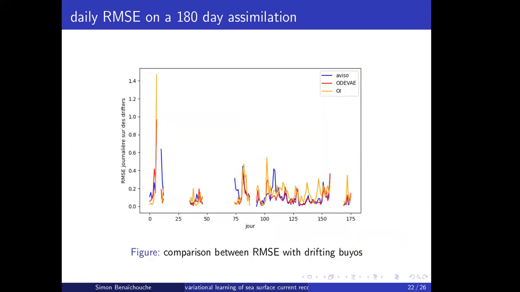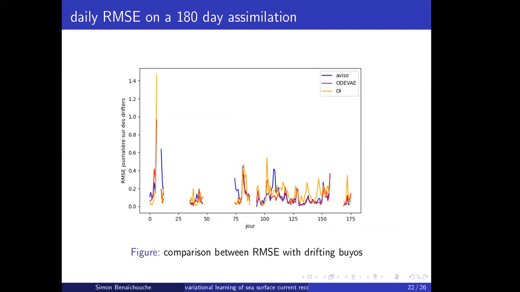Here is a time series of errors. So to compute the error, we use drifters. I forgot to explain that. We don't know the true state, but we have access to a dataset of drifters. We consider that the true state, one of the only ways to validate the quality of our current.